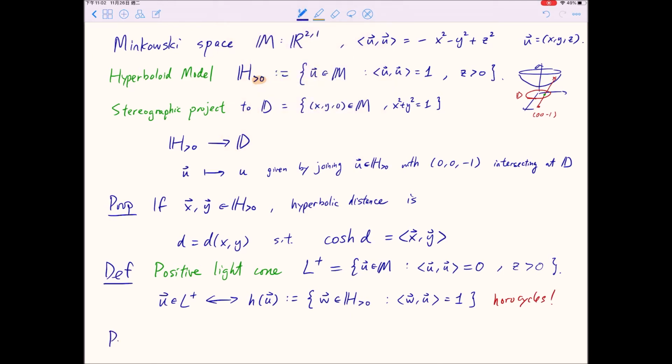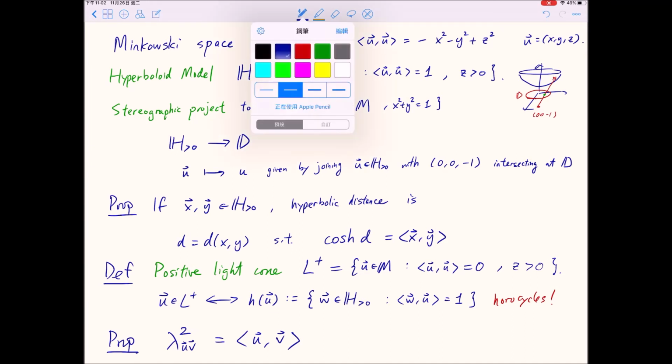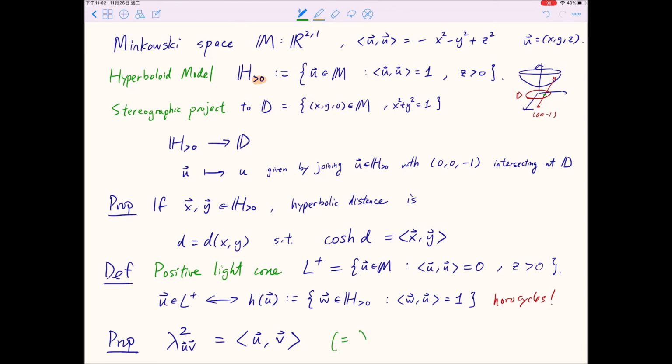And finally, it turns out that the lambda length between two points is exactly given by just the inner product of the two. So lambda of u, v here means the lambda length between the horocycles.